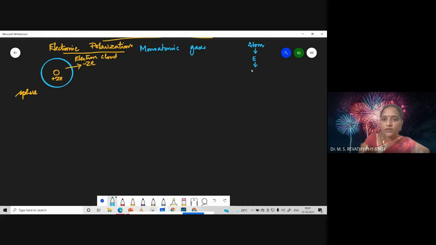On the application of the field, a displacement is produced. From the displacement, we will calculate the electronic dipole moment, and from the dipole moment, the polarizability. At last, the electronic polarization PE.